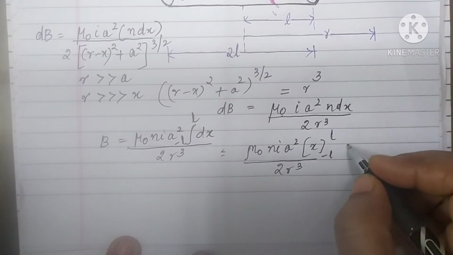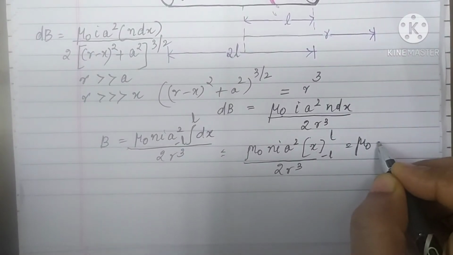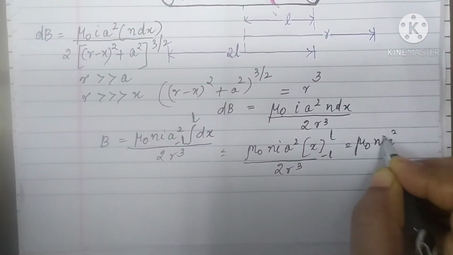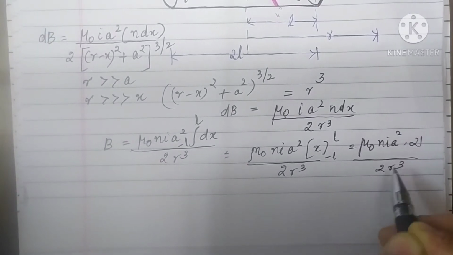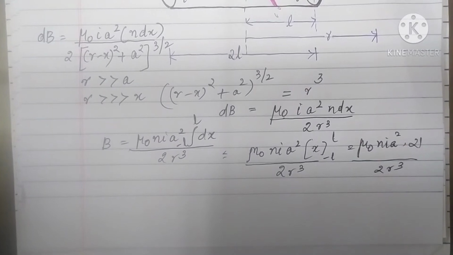So the expression is mu naught n I a squared into 2L divided by 2 r cube. Clear?